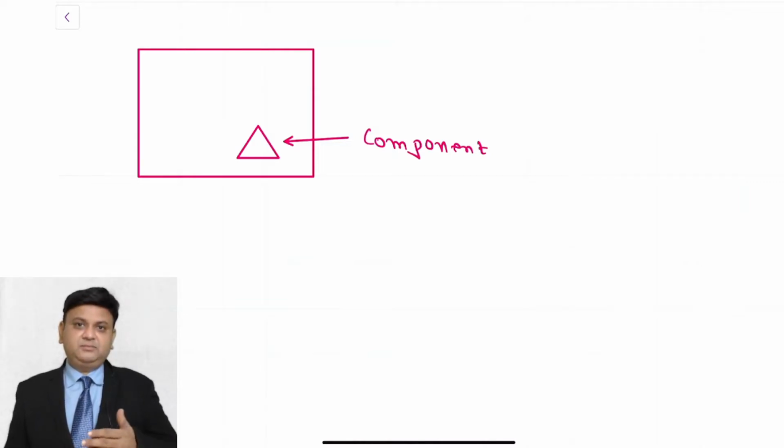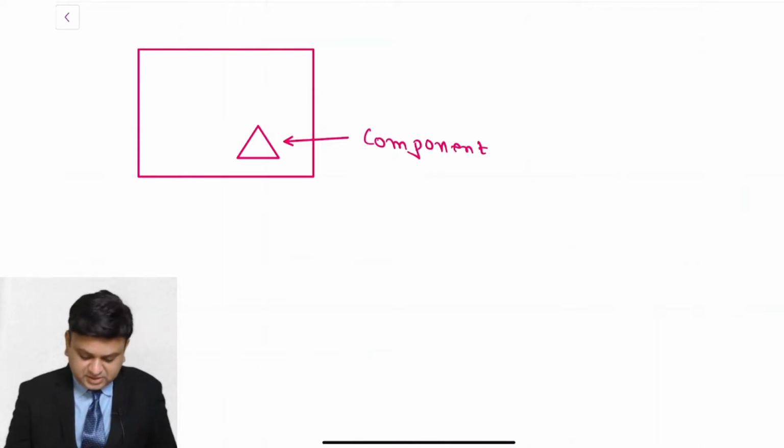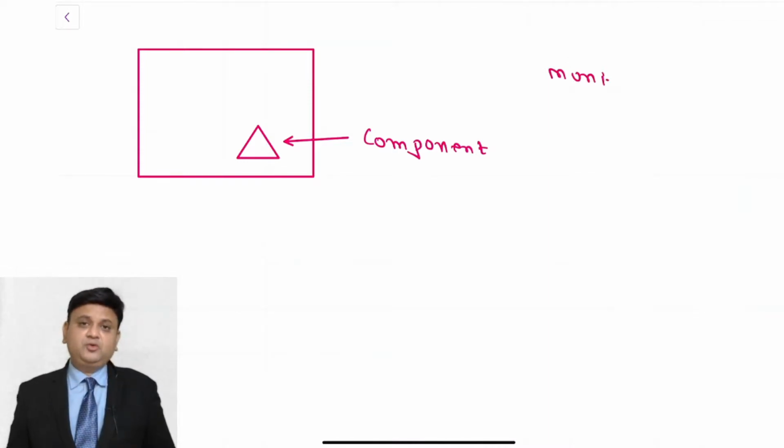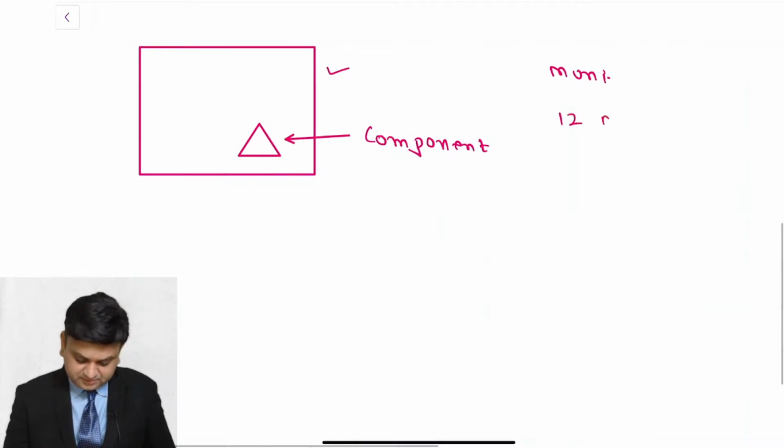Now let us say there is a tender of a municipality in which I have to fill up a quotation for supplying this product on a monthly basis for a time period of 12 months.